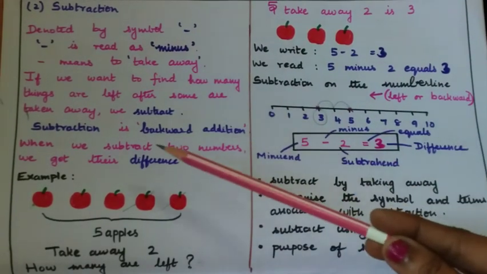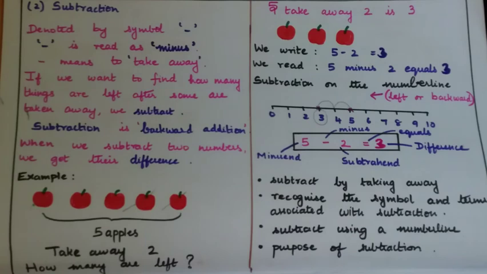And they should also know about the purpose of subtraction. Why do we subtract? When we need to find the number of items that are left once we take away a few items from a group, then we subtract. So the kid should understand the purpose of learning subtraction.